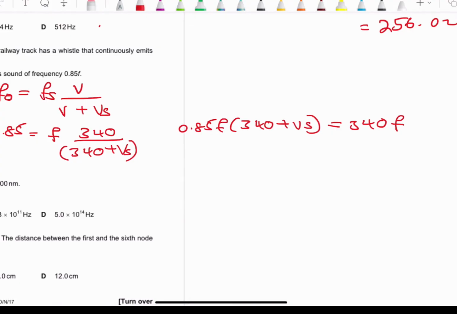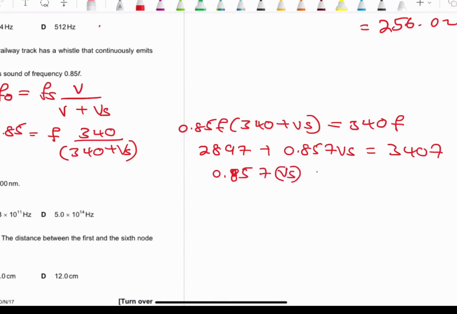So if you have 0.85 multiplied by 340, that's going to give about 289 F plus 0.85 F Vs, and that's going to be 340 F. So 0.85 F Vs is 340 F minus 289 F, right?